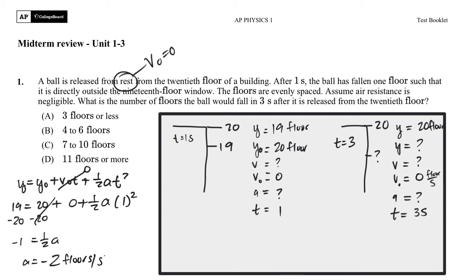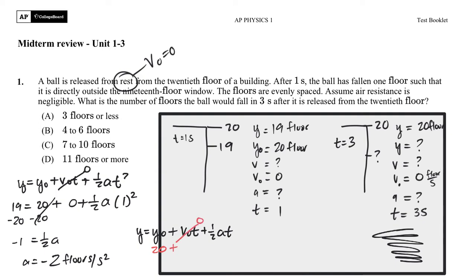So now that we have -2 floors per second squared, we can use another one of the same uniformly accelerated motion equations. Okay, so it's the same equation, but this is going to be for this data over here. So our second scenario. In our second scenario, we're going to be flying from the 20th floor, so that's our initial position.